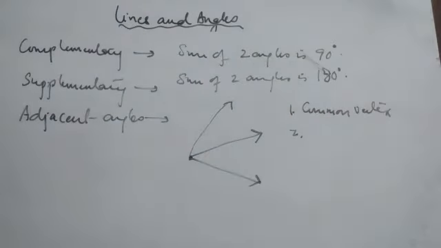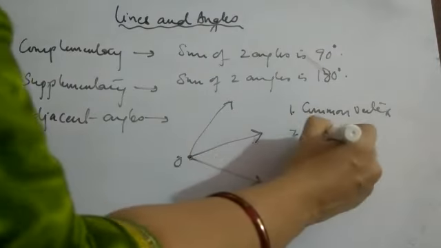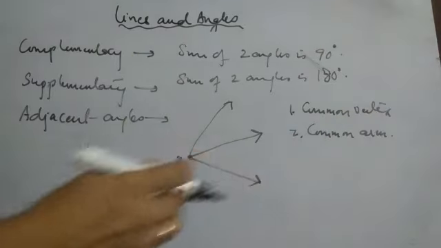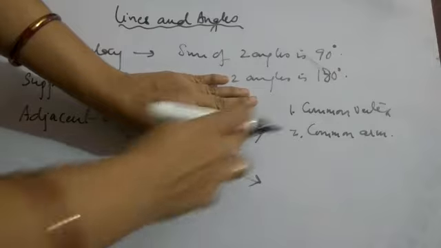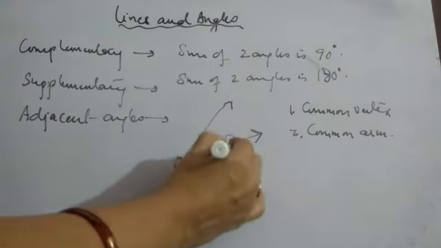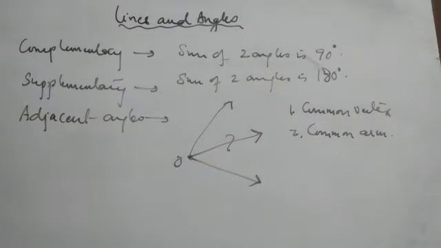Then the second is they have a common arm also. The angle has two arms. These are the two arms of this angle and these are the two arms of this angle, and this is a common arm which is in both the angles.